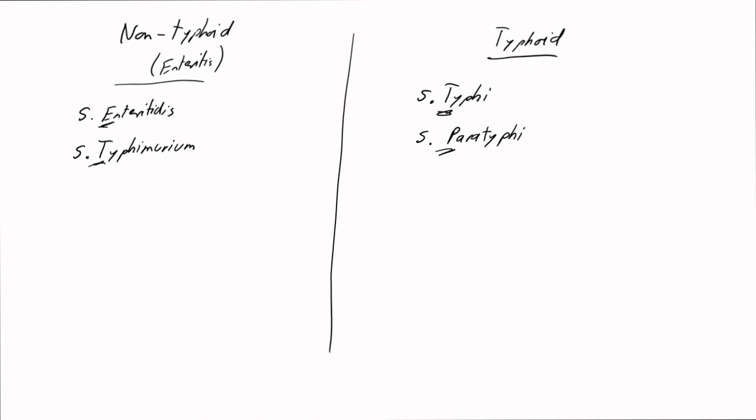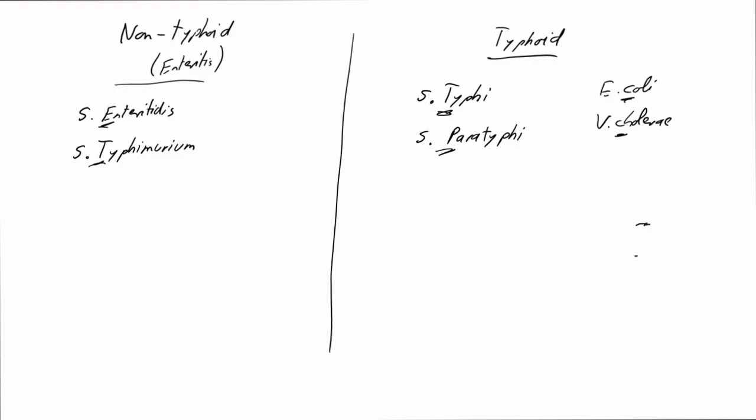which is strange because if you think about, for example, E. coli or Vibrio cholerae, then here the species is always abbreviated with a lowercase letter.